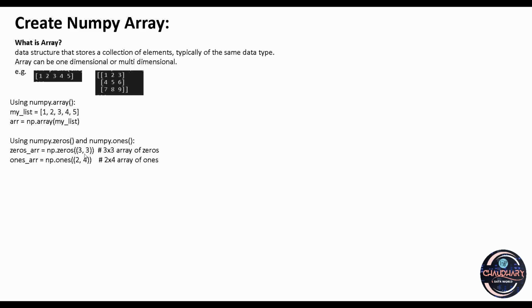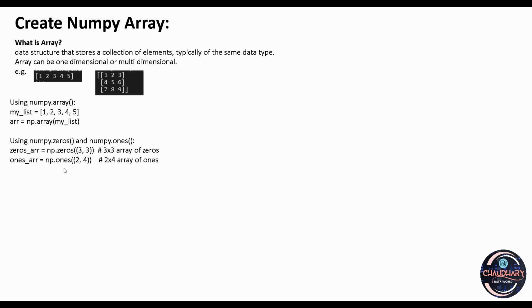The size of the array is defined by this 3 comma 3 or 2 comma 4. This 3 comma 3 will create a matrix of size 3 cross 3, which tells you there will be 3 rows and 3 columns in it. So it will create a matrix with value 0 in it, having the size of 3 cross 3.